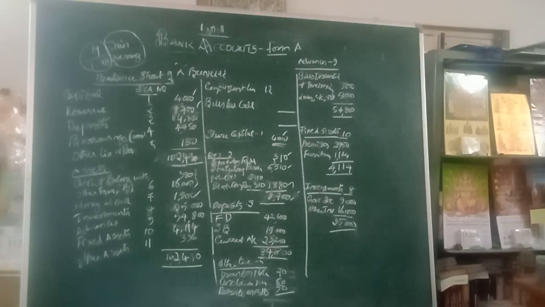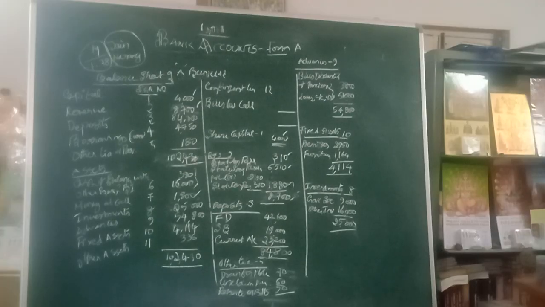Then asset side, cash and balance, then money at call on short notice, investments, advances, fixed assets, and other assets. Then the balance sheet is supposed to be tallied. Here that comes to 1,02,430 is the total of asset side. Liabilities also 1,02,430 is the total of liabilities. So the balance sheet is arithmetically correct, arithmetically tallied.